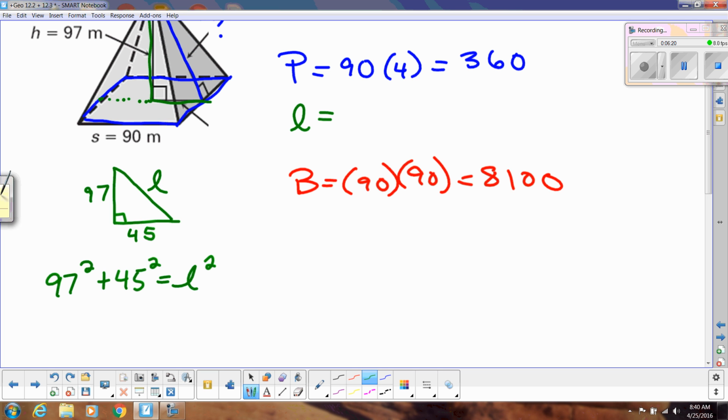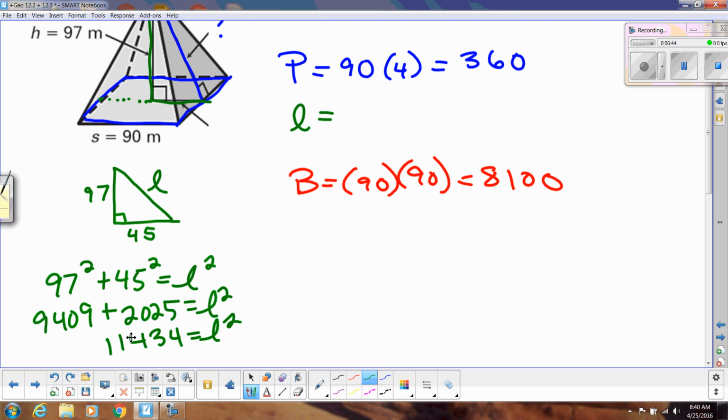So let's do that. 97 squared is 9409. 45 squared is 2025. Let's add those together. And I get 11,434.